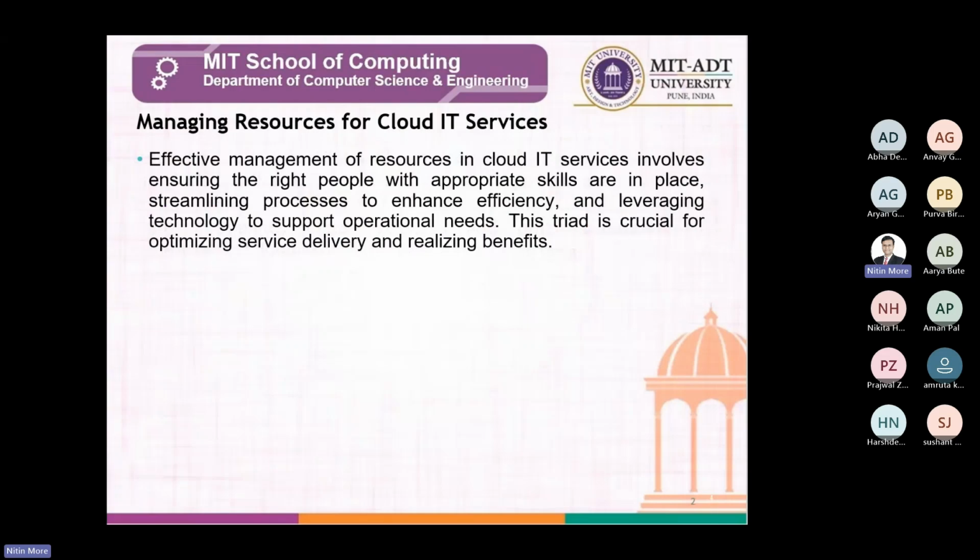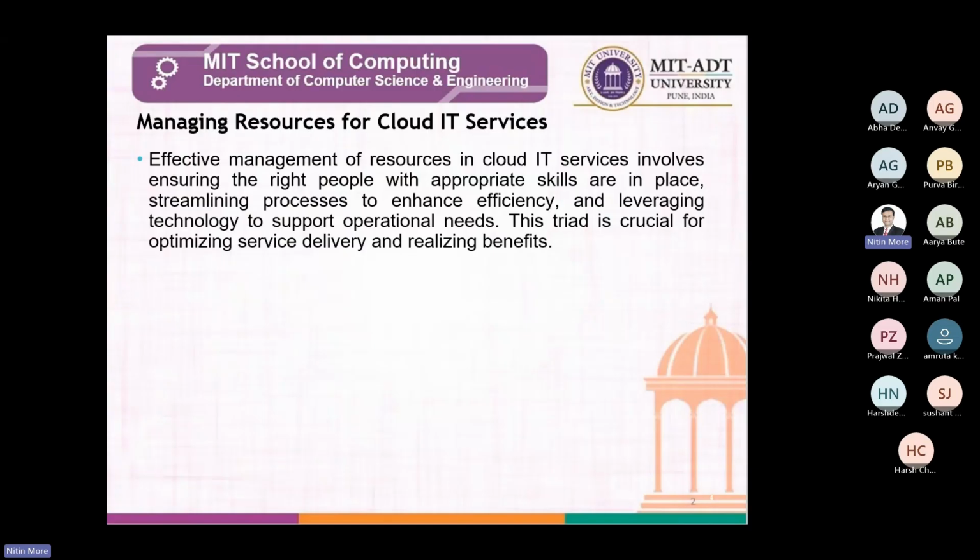So let's start with the first point, that is managing resources for cloud IT services. So this effective management of resources in cloud IT services involves ensuring the right people, that is HR, human resource, with appropriate skills and in proper place, streamlining the processes for enhancing the overall efficiency and leveraging technology.